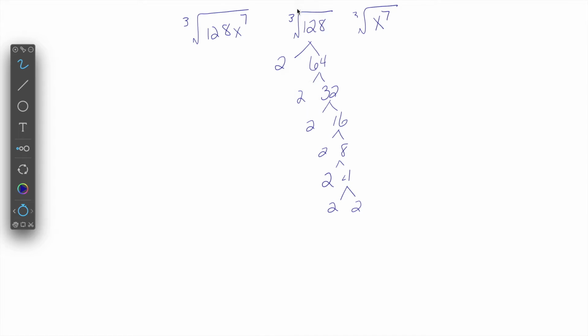But in this case, since it's a cubic, our index is 3, I'm actually going to turn them into a group of 3. So I'm going to take out 3 each and every time. And since this has a trio, if you will, of 2's, I get to take out 1, 2. This is another trio of 2's, I get to take out another 2. And sure enough, 2 times 2 will give you 4, which is what we were looking for before. We also have a 2 left over, so we know that inside the cube root, there's going to be a 2.